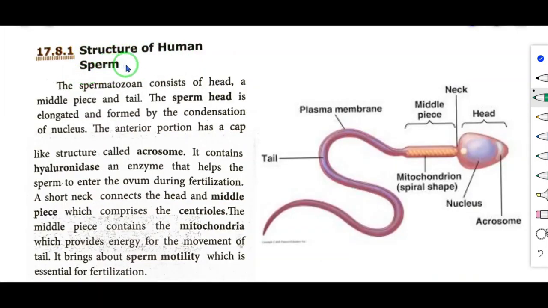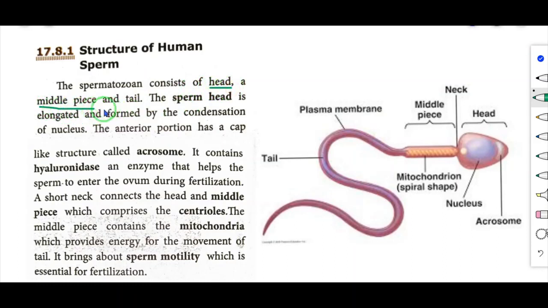Structure of human sperm. The sperm is a male gamete, that we all know. You see this diagram, this is the sperm structure. The spermatozoon consists of a head, a middle piece and a tail. So three regions are present in the spermatozoon.